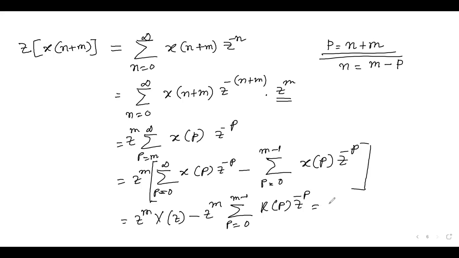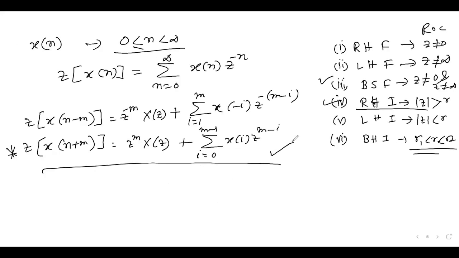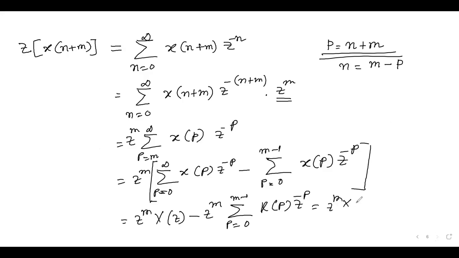So in this sum, if you write I instead of p, the summation value will remain the same. So that means this will be z to the power m X(z) minus z to the power m summation I equal to 0 to m minus 1, x of I z to the power minus I.